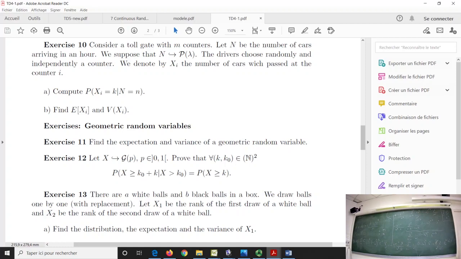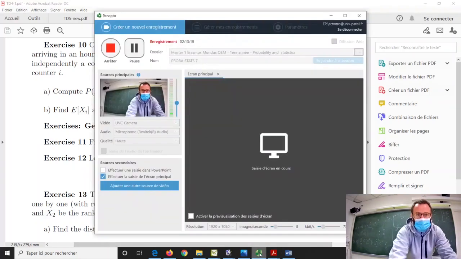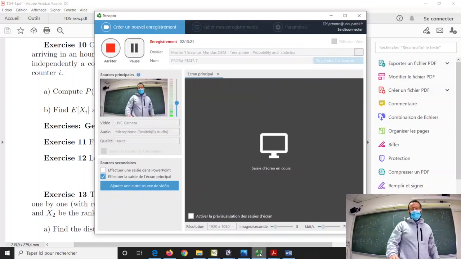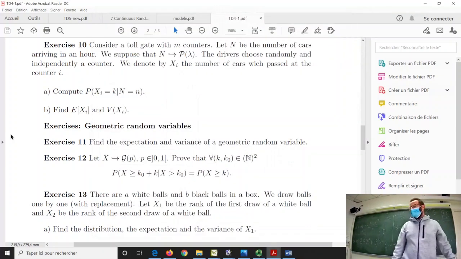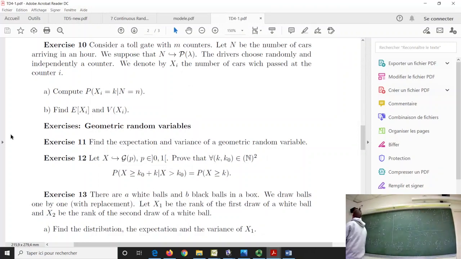But for the moment, just compute this. I give you a few minutes to try to compute. You know the distribution and the definition of a geometric. You know the definition of the conditional probability. You are able, a priori, to do the computation by yourself. So try to do the job. Come back to the definition of the geometric. I will remind you. And then we have to compute. So it's the last exercise of the list 4 that we are going to do.